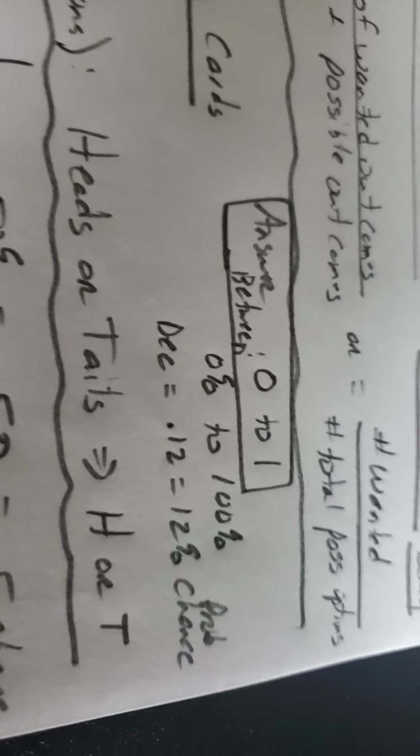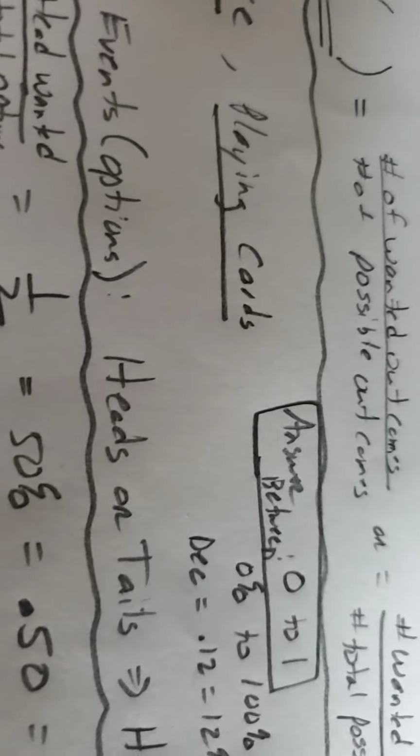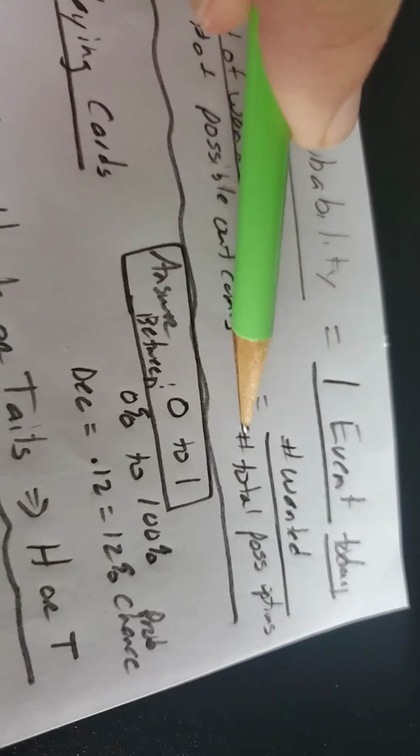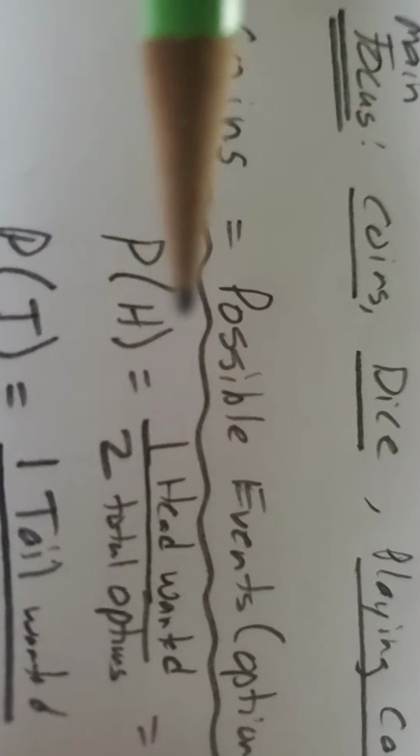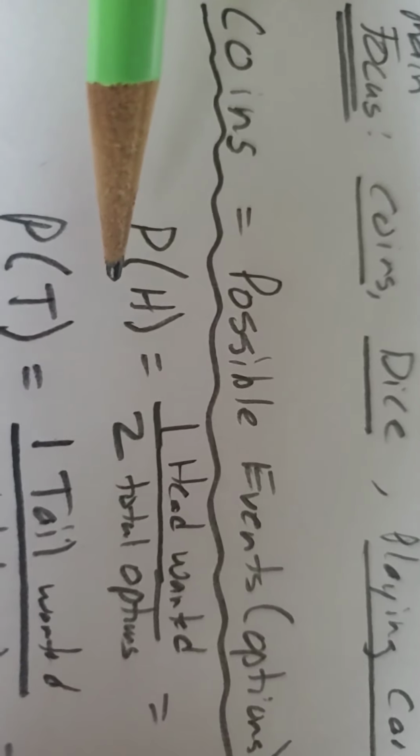First, for coins, possible options. When you flip a coin, your only possible options are heads or tails. We abbreviate that as H or T. So when you flip a coin, there are only two total possible options. Okay? Now, again, back to the notation. Probability of H means what's the probability of flipping a head?